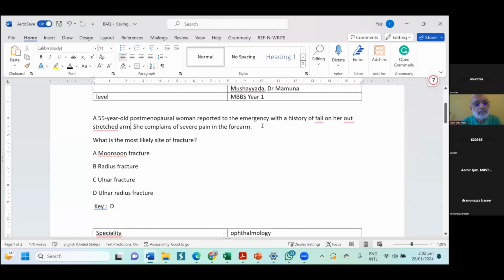So I think you have to give more data in the stem, mentioning swelling at the radial side of the wrist or the distal part. If you want the student to choose one option from the last three options, you have to give a little bit more information.